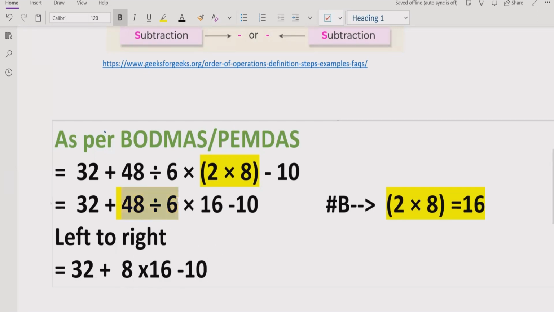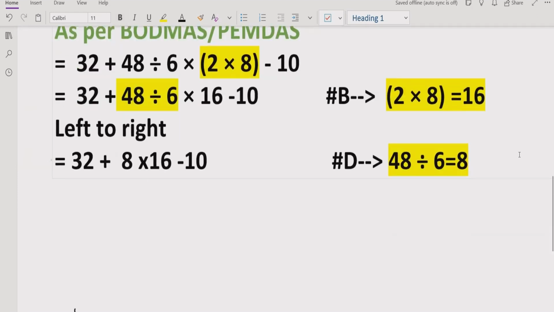And now we will give the reference here. Here we solved the division, D. We write 48 divided by 6 equals 8. Now we will move forward left to right again and see if there is any division or multiplication. Going left to right, we see multiplication coming, so now we will solve this part.